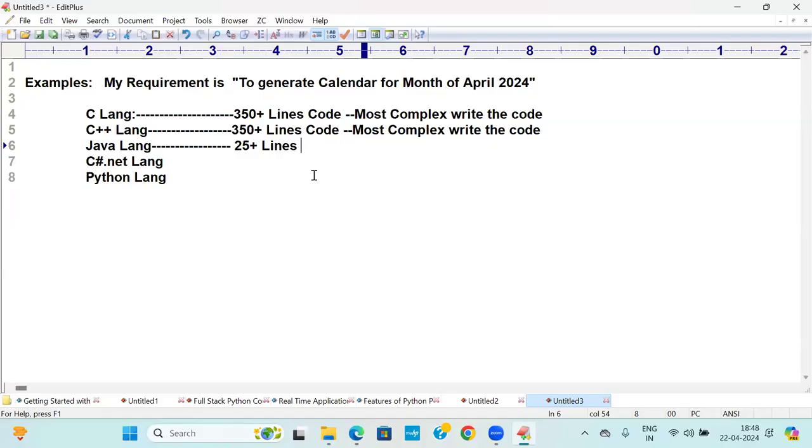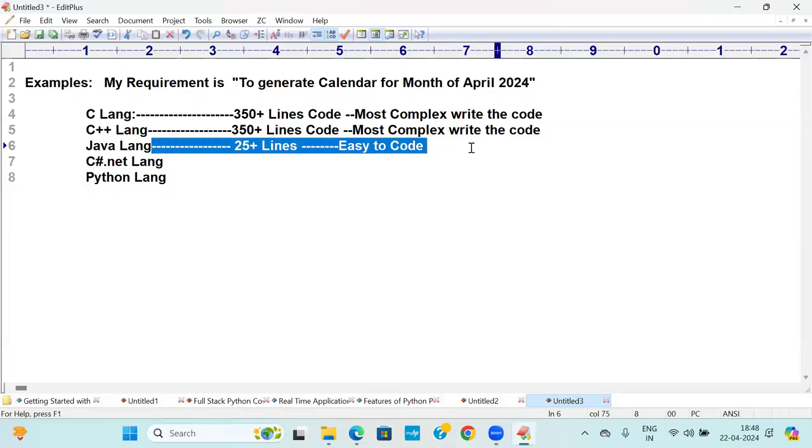I'm just saying to you, Java with 25 plus lines of code is definitely easy. I am feeling it is easy to code in Java because some type of predefined facility is available, like Gregorian calendar, some calendar concept is already present in Java.